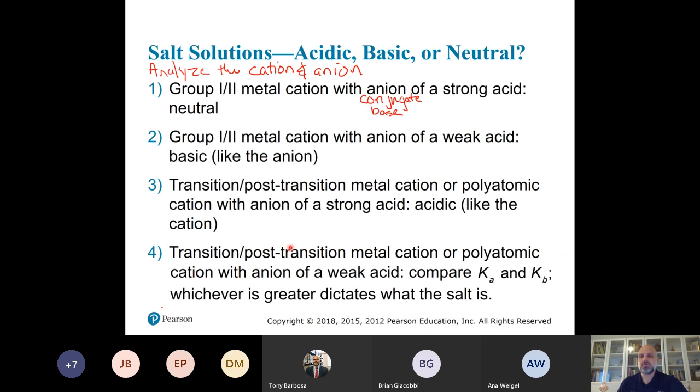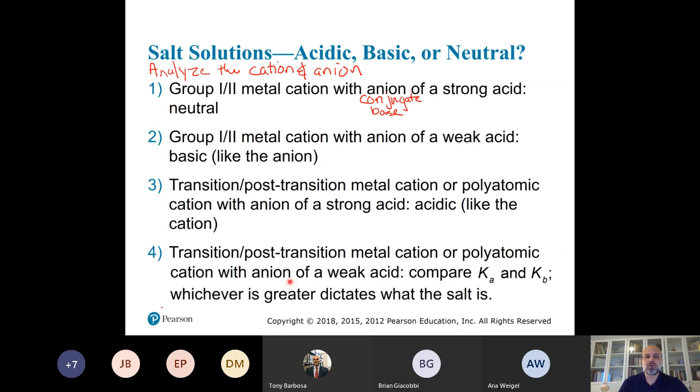The last example is shown down here. The last example below is the transition or post-transition metal cation, or this polyatomic cation. This produces an acidic solution, and we couple this with the conjugate base, or the anion, of a weak acid, which produces a basic solution.